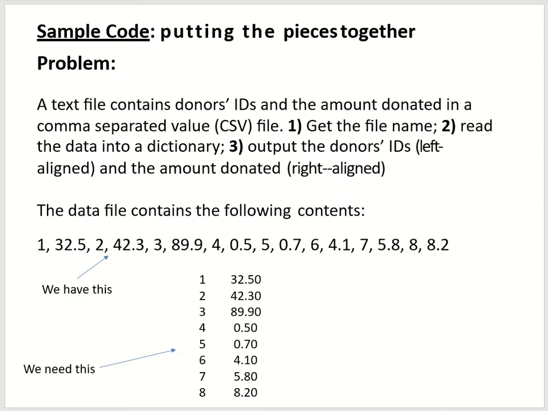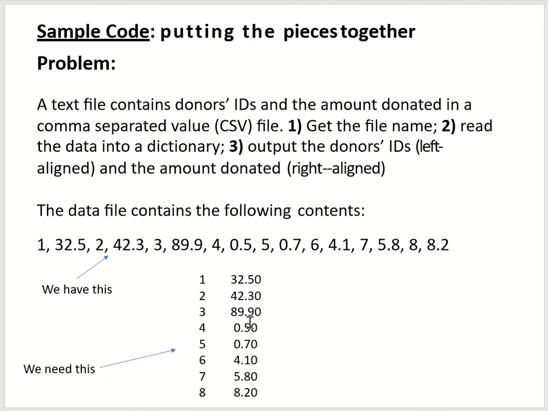And putting the pieces together here, we've got a problem. A text file contains donors' IDs and the amount donated in a comma-separated value file. Get the file name, read the data into a dictionary, and output the donors' IDs in a left-aligned format, so they're all vertically aligned to the left, and the amount donated right-aligned.